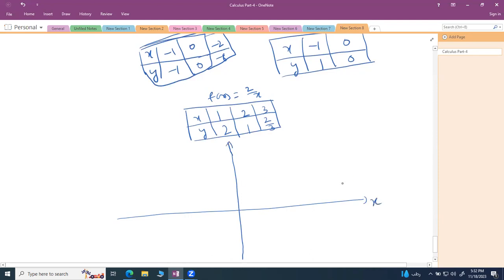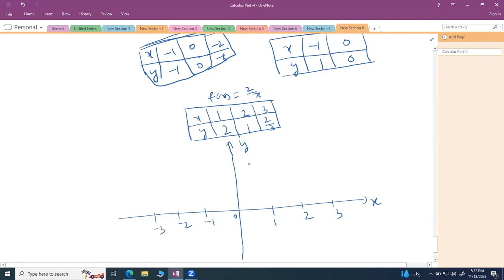This is x, this is y, this is 0. Here, x value minus 1, x value 0 and x value 1. And you can make it 2 here, 3 here. This is minus 2, minus 3 also.